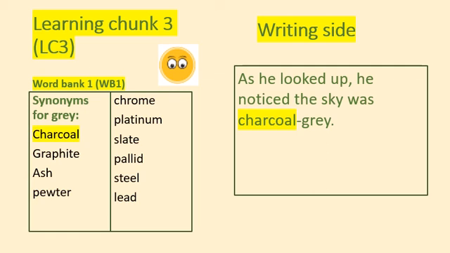And if you look at my sentence, as he looked up, he noticed. Try and change the word noticed and have a think. As he looked up, he could see. He observed. So I'm going to pause the video now so you can complete your sentence on your writing side.